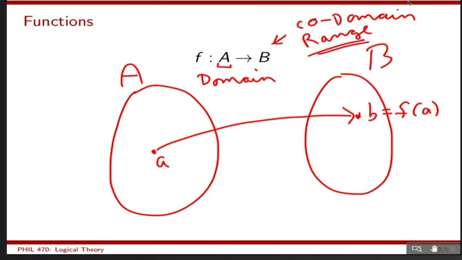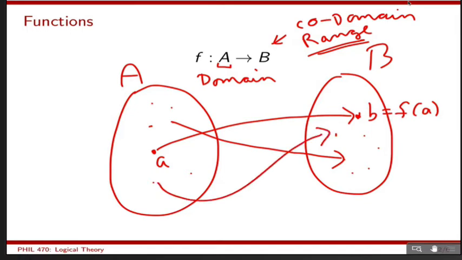The range is actually a subset of the codomain. And the issue is the following. A might contain lots and lots of elements. B also contains lots of elements. And what the function does is it's a rule for associating elements of A to elements of B. Okay, so there are lots of associations.